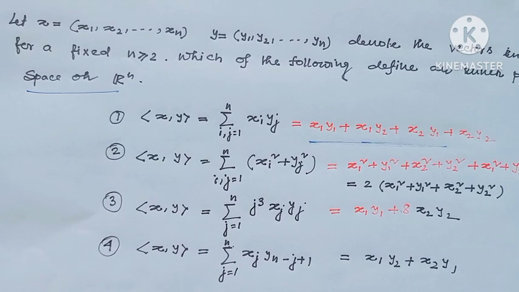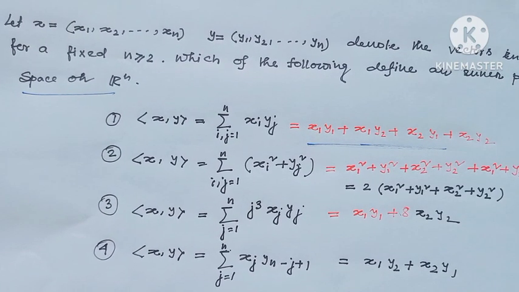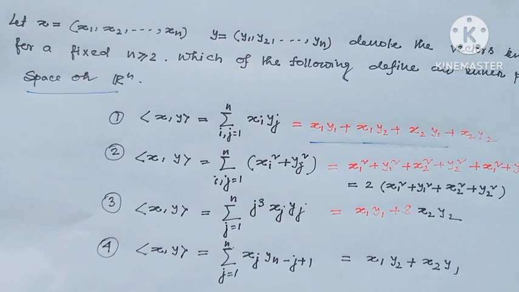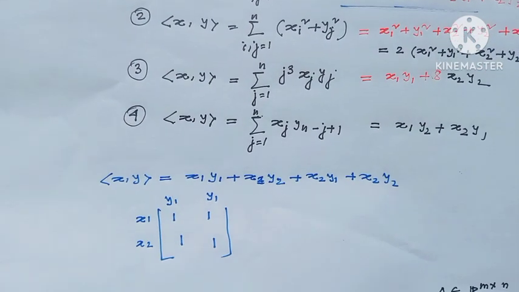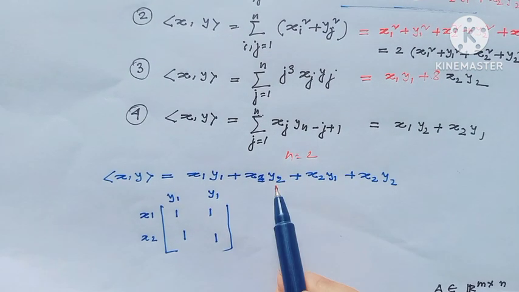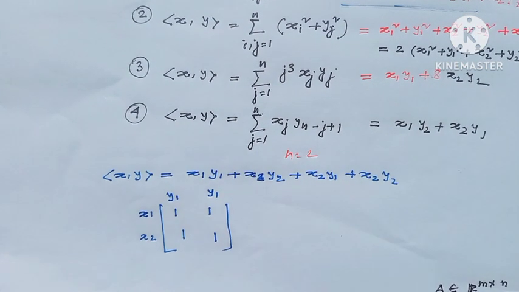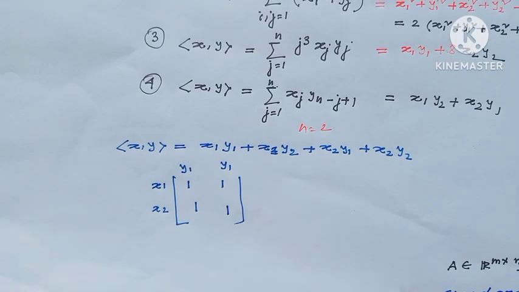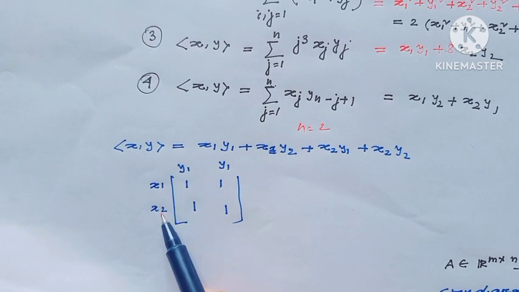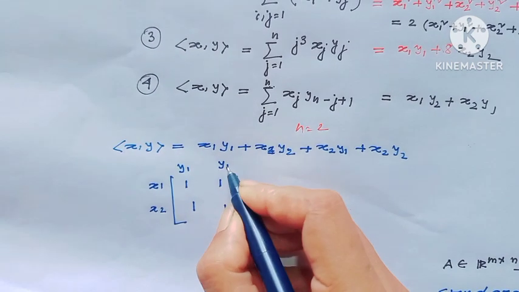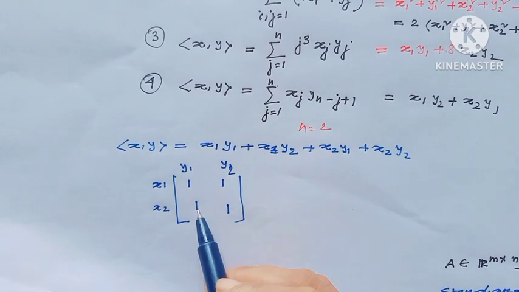If you haven't seen my previous video, at first see my previous video, then today's video would be so easy. Notice, here I have considered n equal to 2, so the equation is x1 y1 plus x1 y2 plus x2 y1 plus x2 y2, and the matrix representation would be of this type. Here x1 x2, then the matrix, then y1 y2, that means the matrix with entries 1 1 1 1.